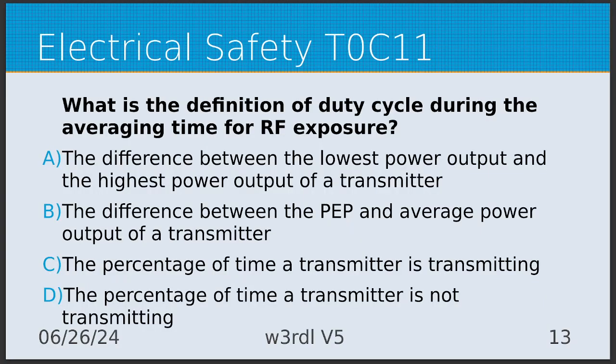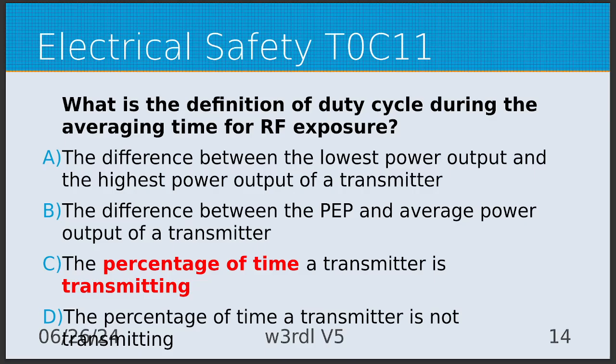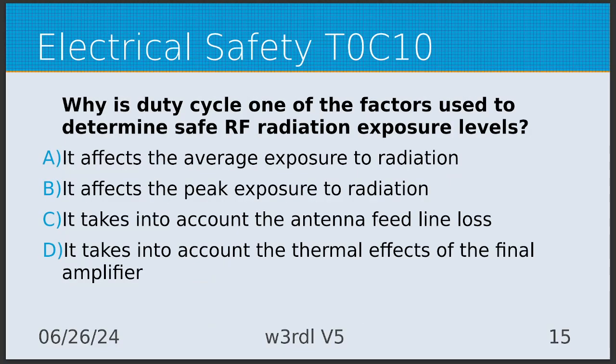What is the definition of duty cycle during the averaging time for RF exposure? Okay. Charlie, the percentage of time the transmitter is transmitting, and that should all be read there, not just part of it. Why is duty cycle one of the factors used to determine safe RF radiation exposure levels?